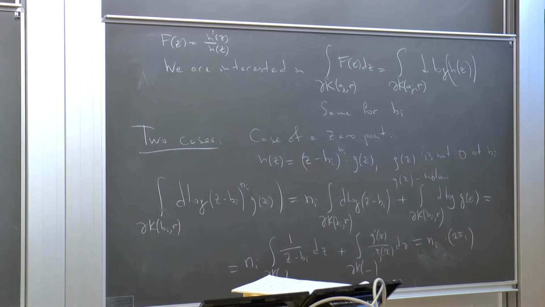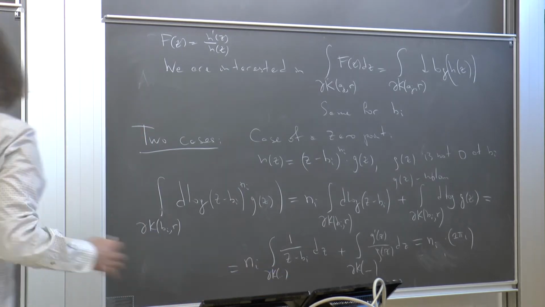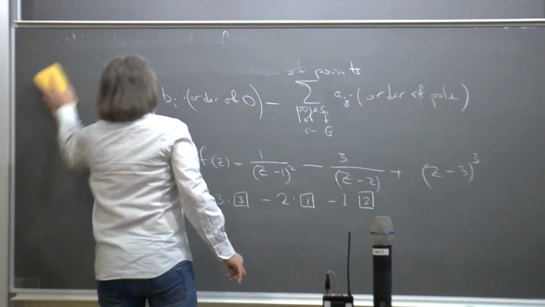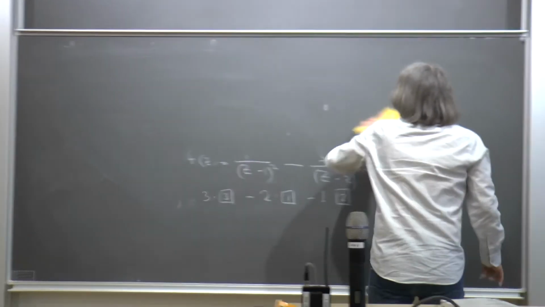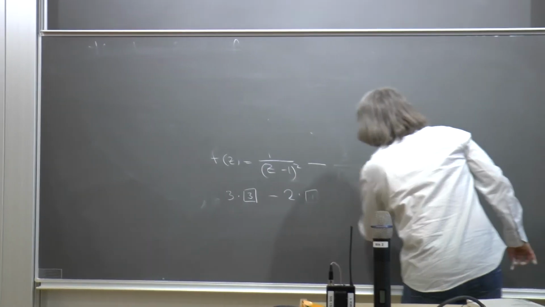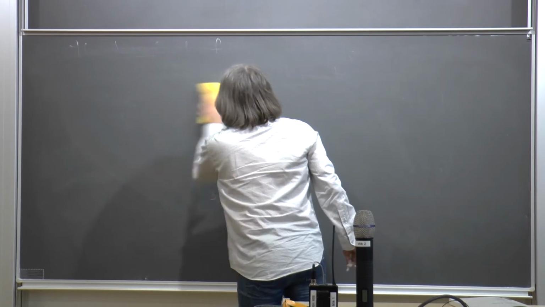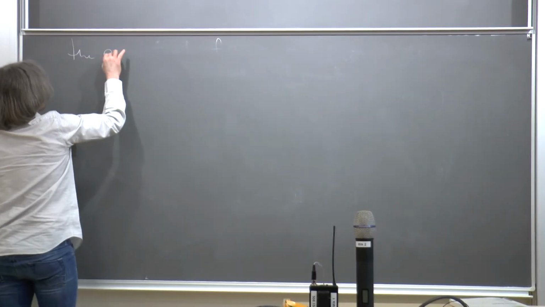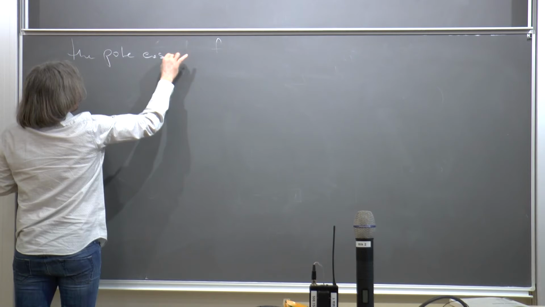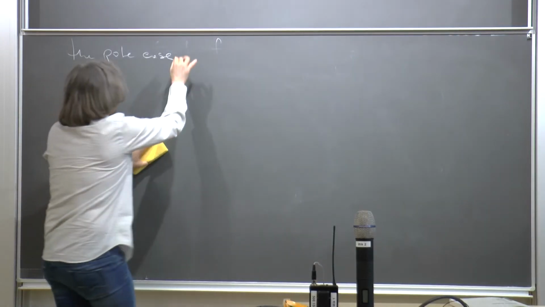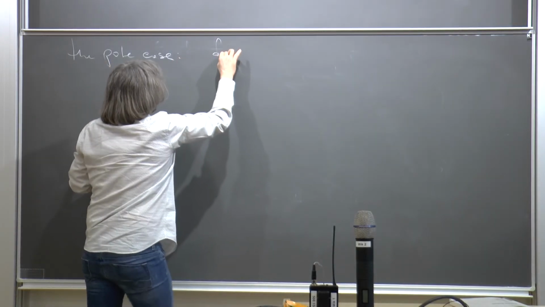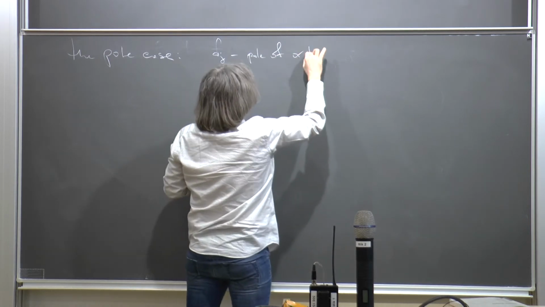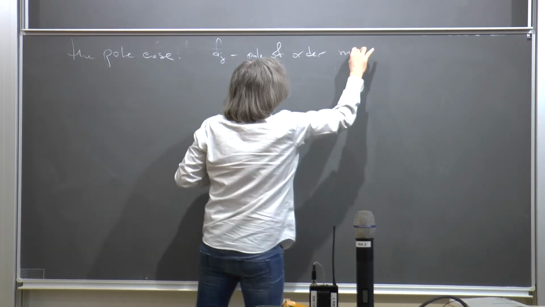Now, let's do the pole case. So now we have a_j is a pole of order, let's say, m_j.